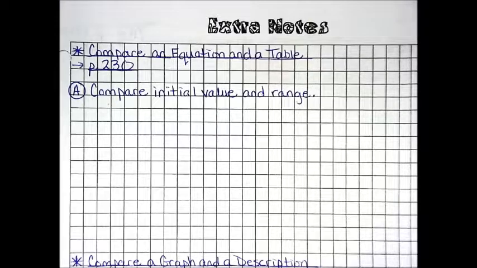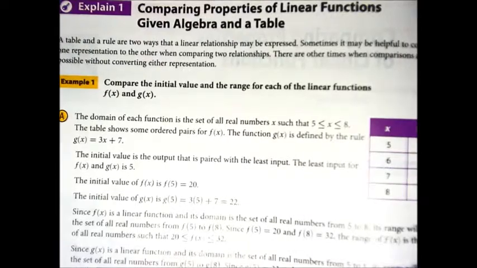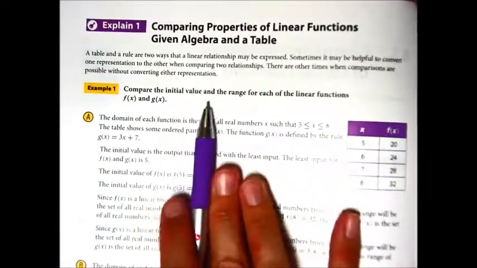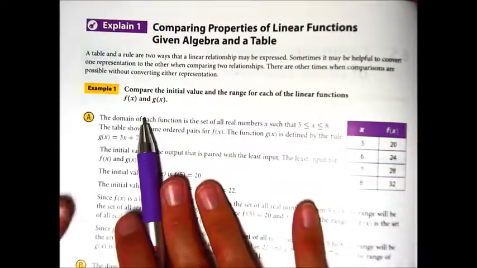Okay, so when we look at example A on page 230, this is exactly what a lot of your directions are going to look like in your homework. They're going to say, compare the initial value and the range for each of the linear functions f of x and g of x.